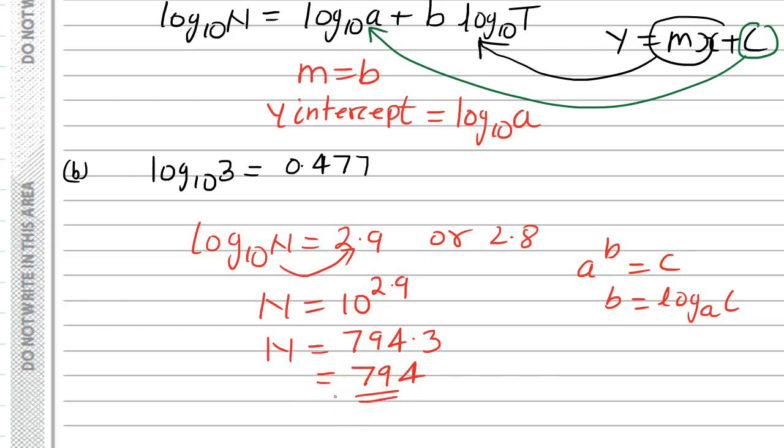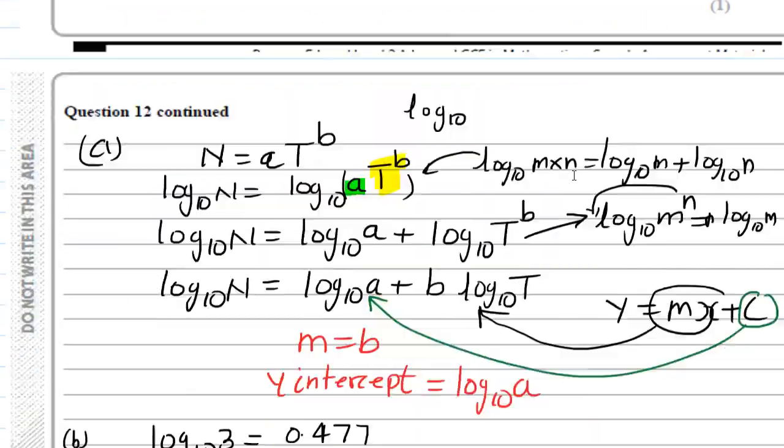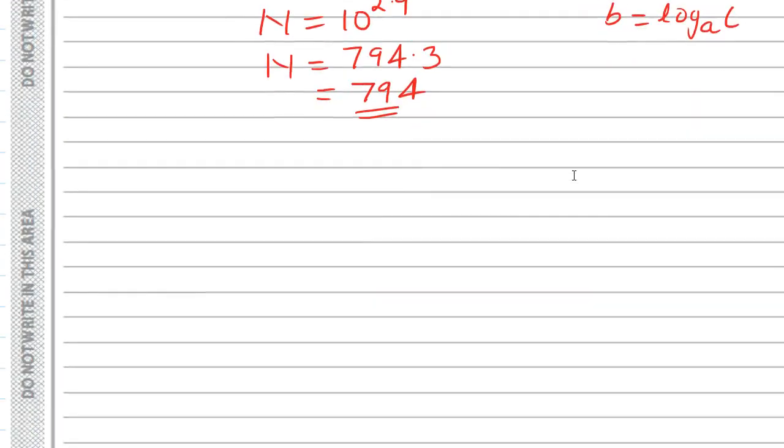Now c part: explain why the information provided could not reliably be used to estimate the day when the number of microbes in the culture first exceeds 1 million. So here it is given 1 million, that is the c part.